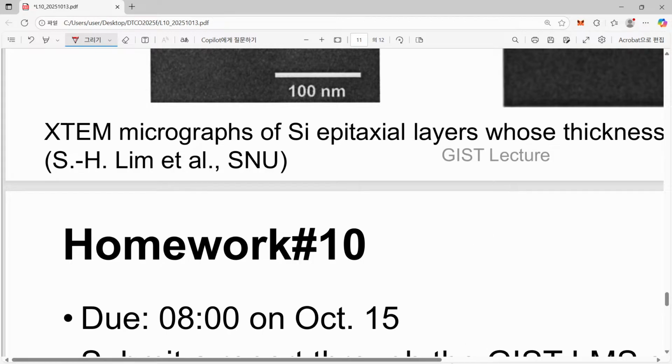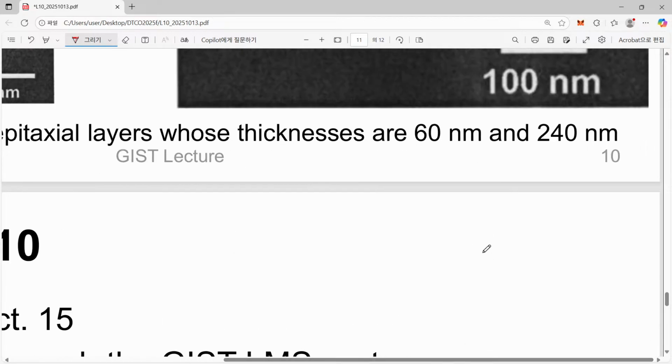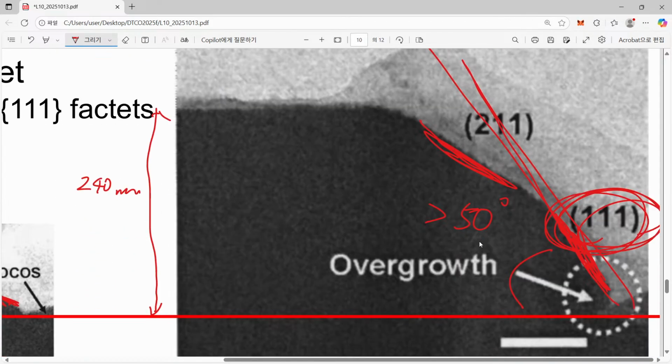This guy, the 111 facet, is the reason why we have the diamond. So we have 111, 111, and 111, and another 111.